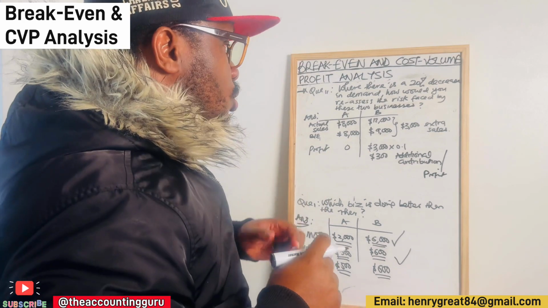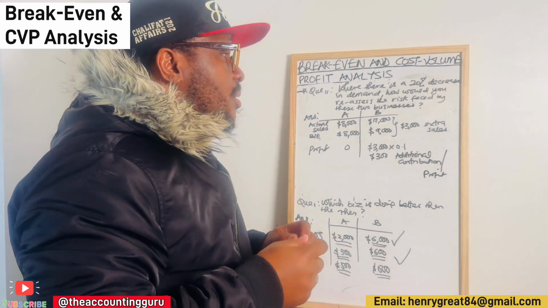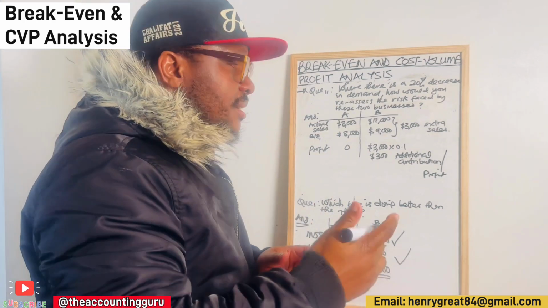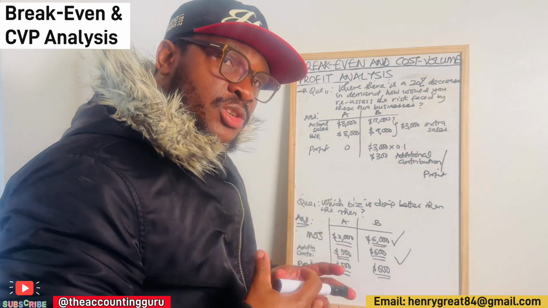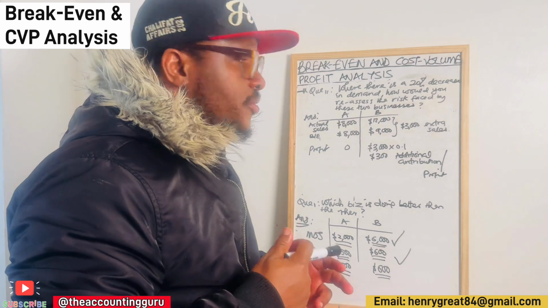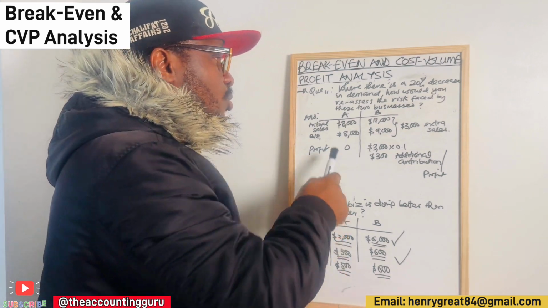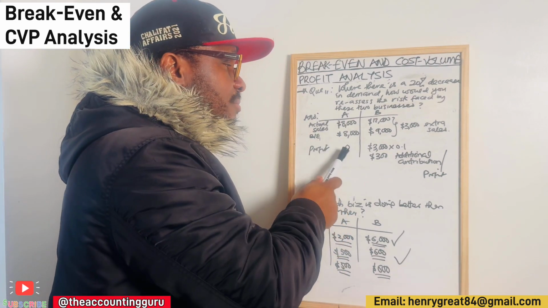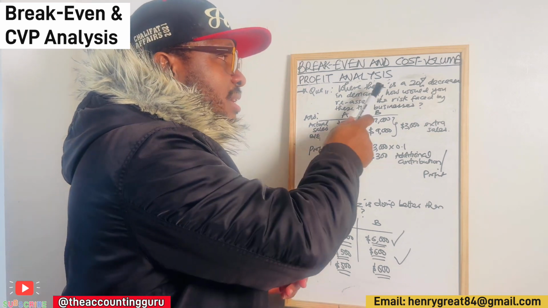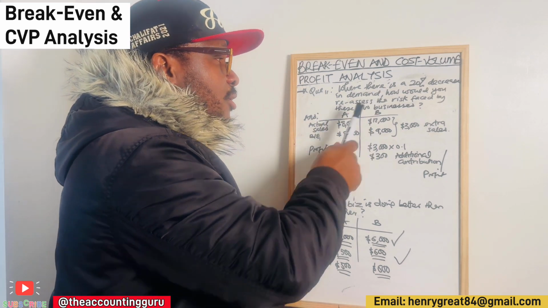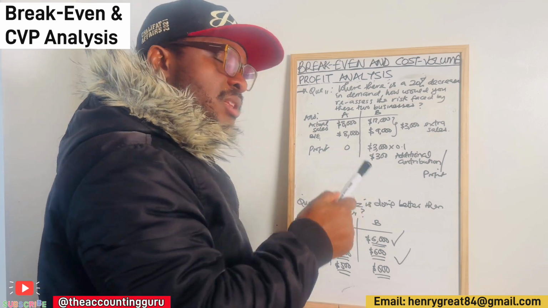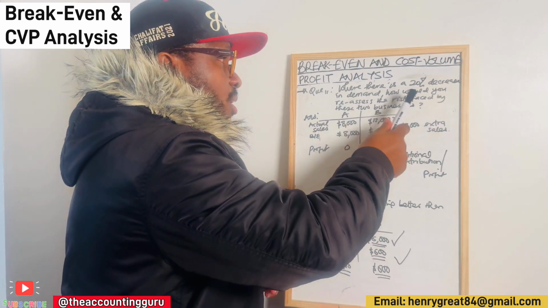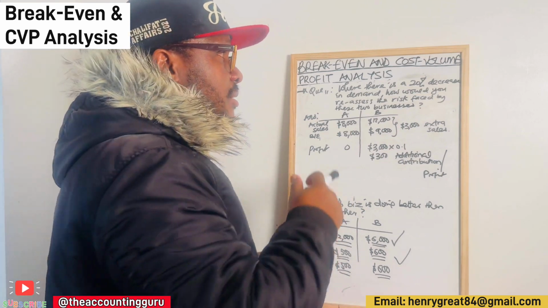Is this clear? So clearly we can see that business B is still better than business A, given the 20% reduction in demand for their products. Business A is making zero profit when there is a decrease by 20%. Business B is making a profit of $300 when there is a decrease in demand.